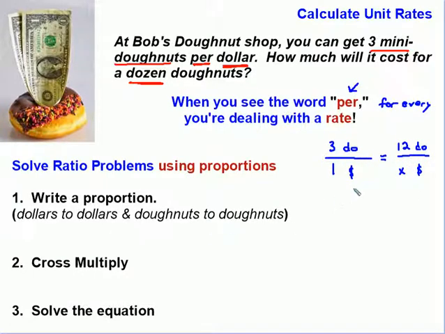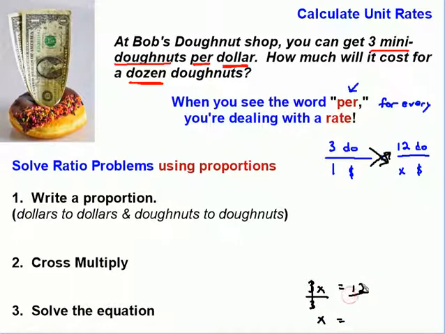Now I need to solve it. We've got our proportion. We'll cross multiply first. That's our second step here. So we'll do 3 times x, and that is 3x. And we'll do 1 times 12, which of course is 12. And then we'll solve, get x by itself. Use inverse operations. 3 divided by 3 is 1, and 1 times x is just x.